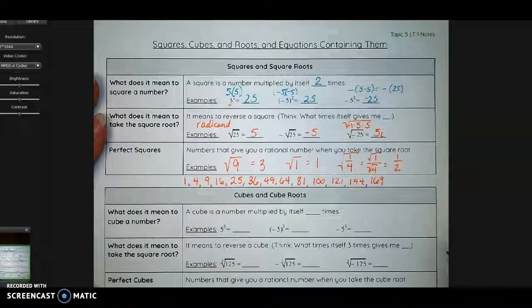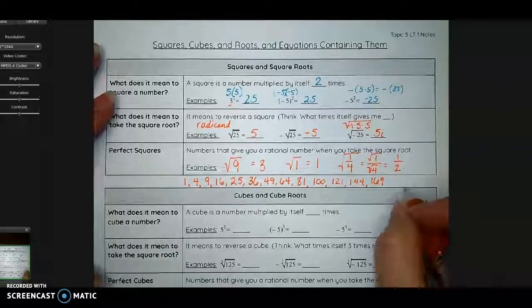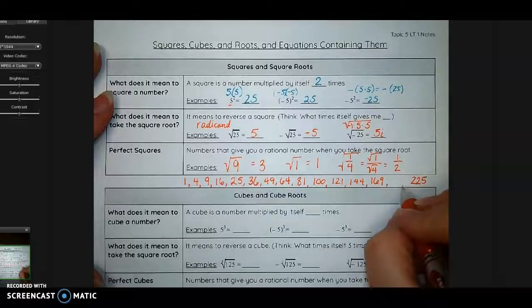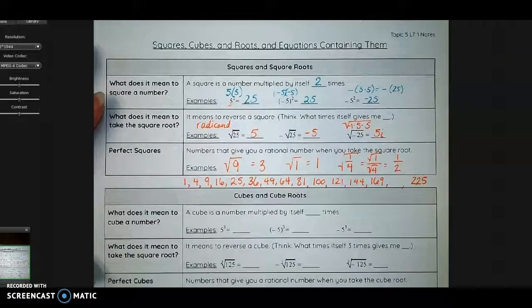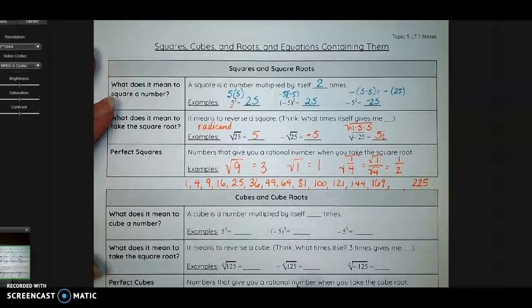Those are all really common ones that you'll see. You'll see 225, which is the square root of 15. So that's a really common one to see. I skipped 14 squared. I don't feel like you use 14 squared a lot, so it's just not one that I will include in there.